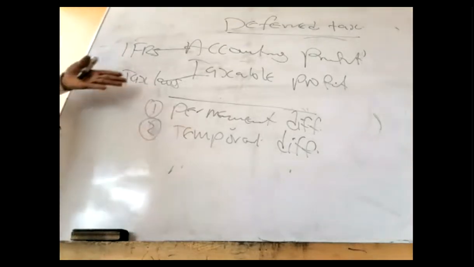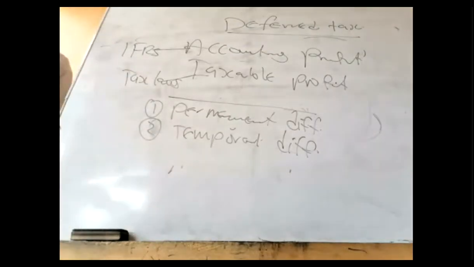Another example of permanent difference is donation. Not every donation will the tax authority agree to. They only agree to donations that have what we call a national character, meaning the donation serves the interest of the state or the country.